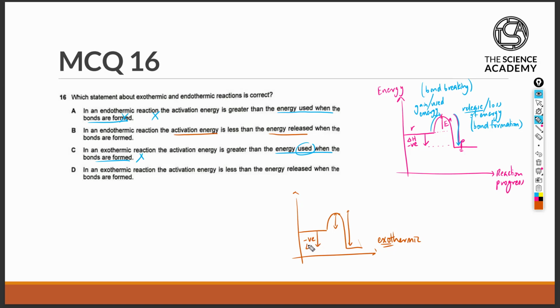There is a negative enthalpy change. Therefore, in an endothermic reaction, the activation energy is less than the energy released. This is wrong because it should be an exothermic reaction instead, leaving us with D as the correct answer.